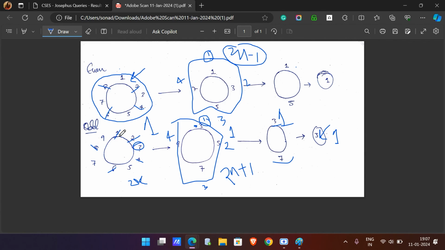But here I have odd, and it actually was 3 only. So if I'm returning 1, this function call would be considered as 1 only. Then this function would also be considered as 1, but my final answer would be 3, because I have an odd number of children. So it would be 2 into 1 plus 1, which is 3. And originally it was 3. Yeah, so we got our answer.